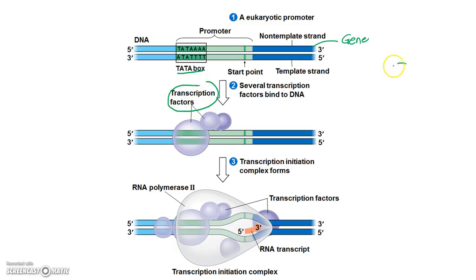Remember how we talked about in cell signaling, one cell will release a signal, right? And that signal is going to get picked up by a target cell, okay? So let's say this cell needs to respond, okay, in some way. So once the signal binds to the receptor, remember that's going to change the shape of the receptor, and that's going to activate a number of enzymes, okay? Now, the products of those enzymes are the transcription factors.